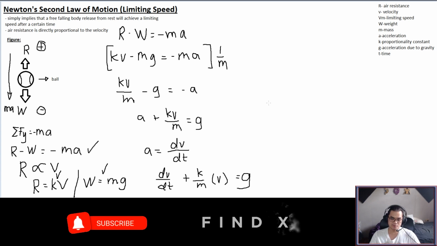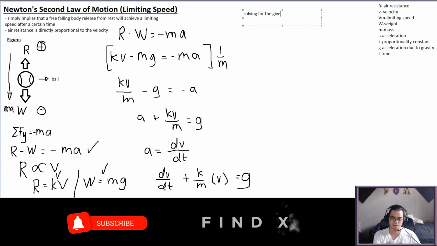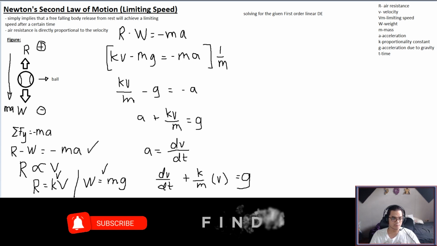So if that is linear in v, we can now get the IF, or the integrating factor. So solving for that, we have to get the IF first, or the integrating factor.